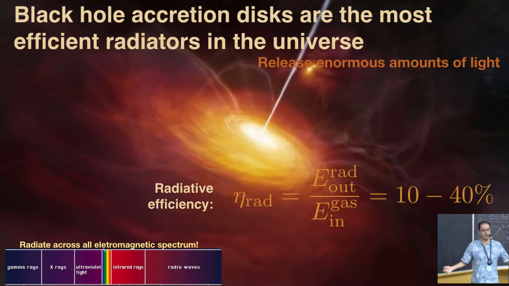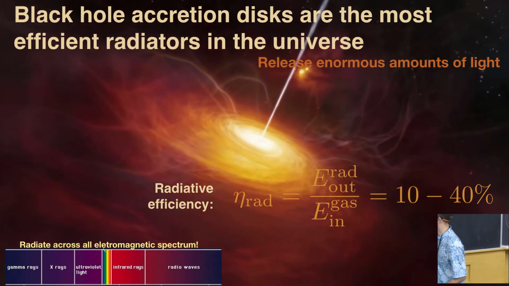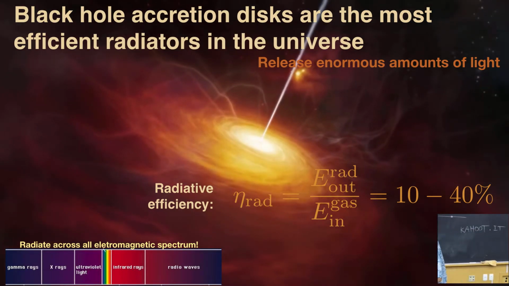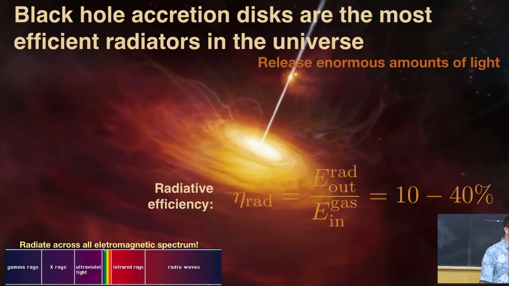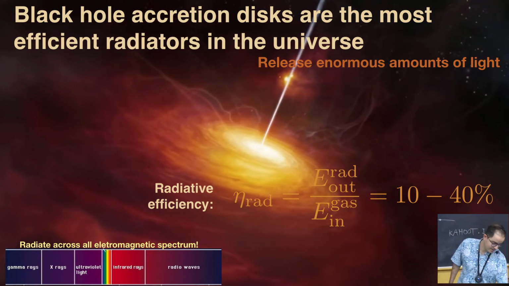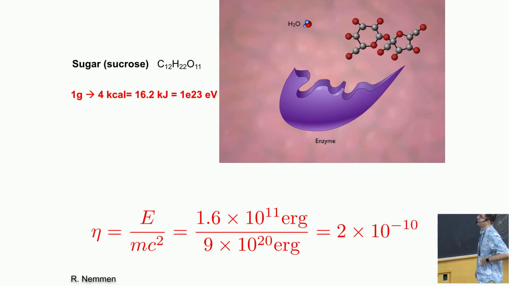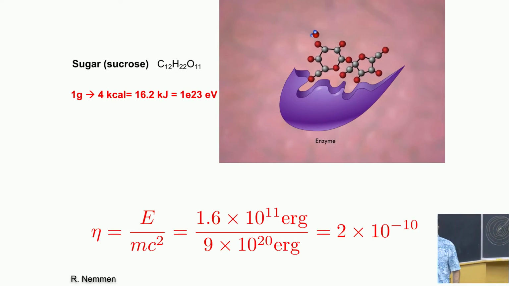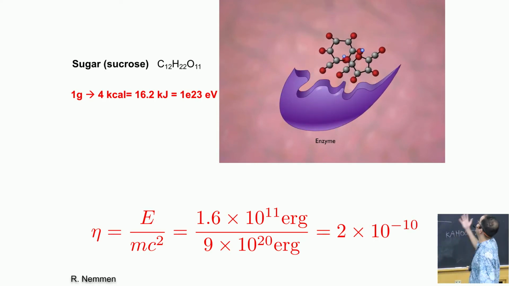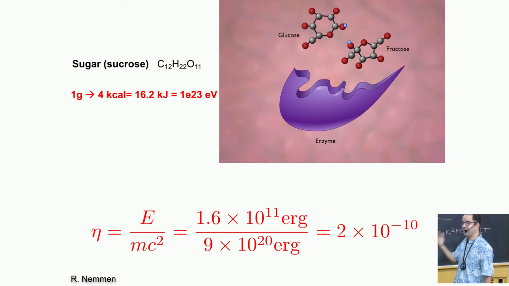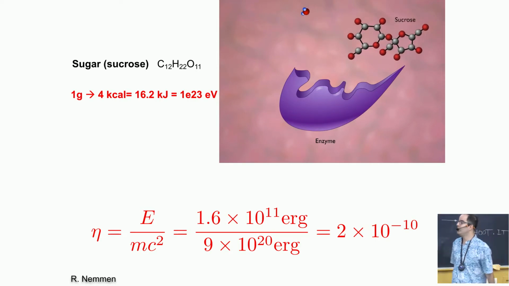Who cares, okay? But let's compare these efficiencies with typical efficiencies of processes that are very important and dear and close to us. So let's imagine you give 1 gram of sugar to an enzyme, and it releases energy which will power your muscles, it will power your thoughts, okay.